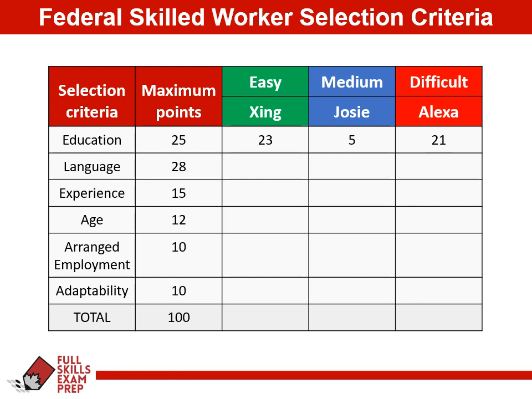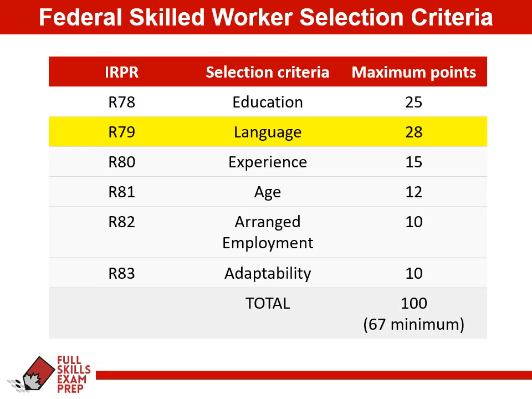And Alexa had a bachelor's degree because her master's degree didn't count. So you're looking at 23 points for Shing, 5 for Josie, and 21 for Alexa. So that covers the education points that we need to look at.